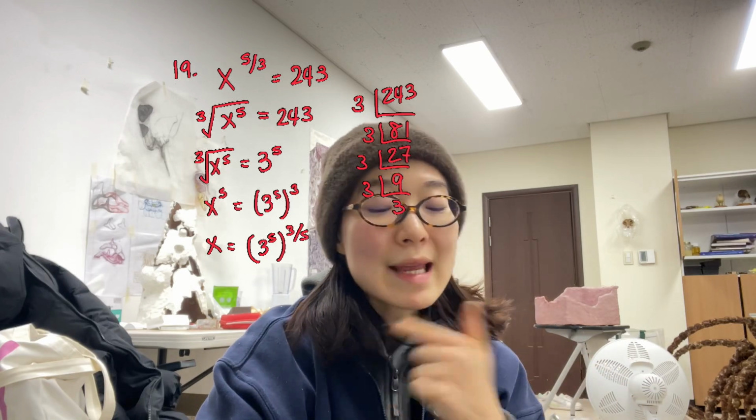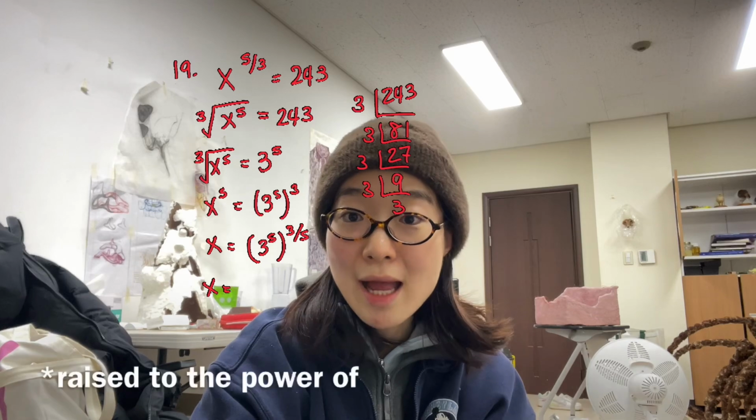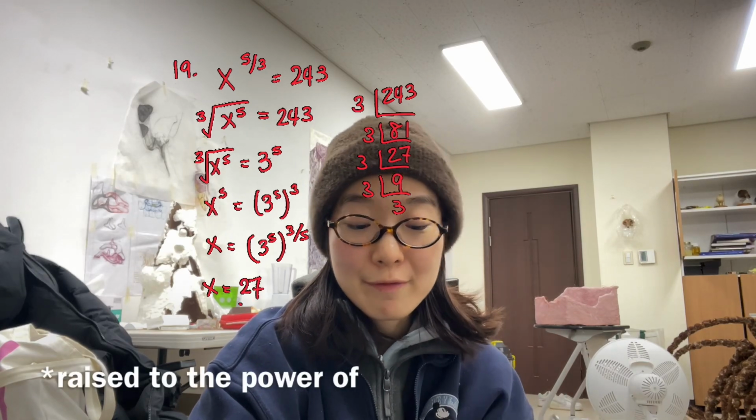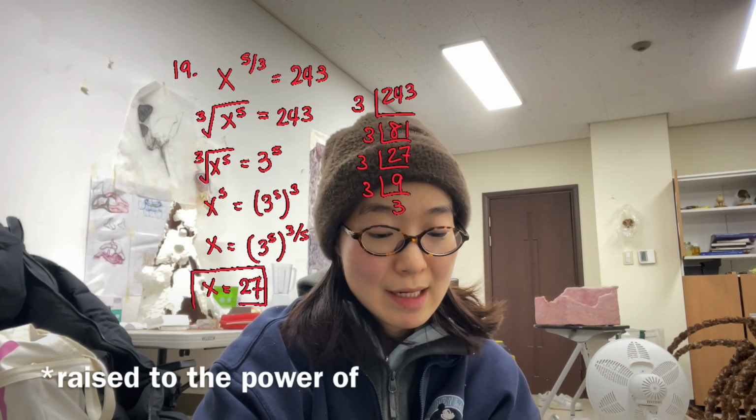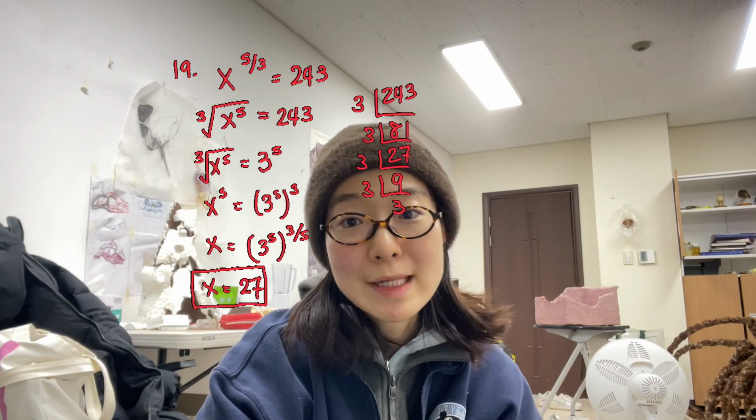So that means x equals 3 raised to the power of 5 times 3 over 5, which makes it 3 cubed, essentially 27.